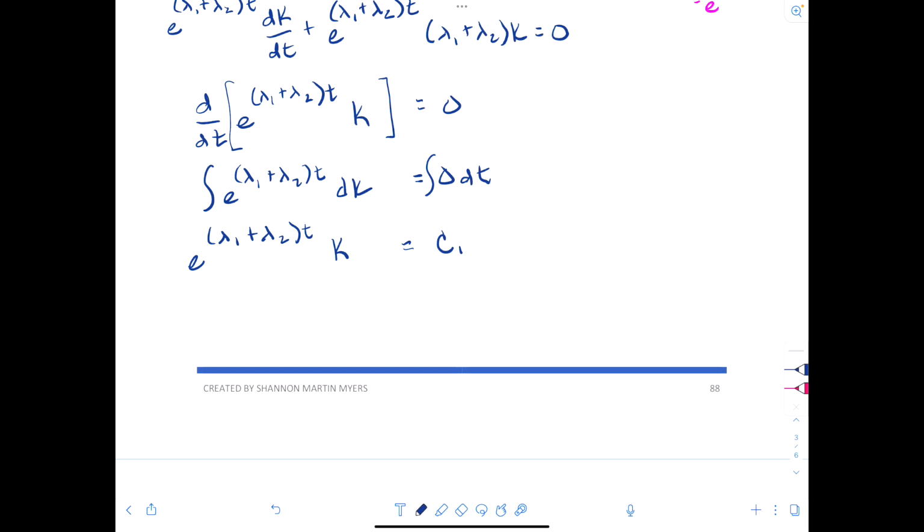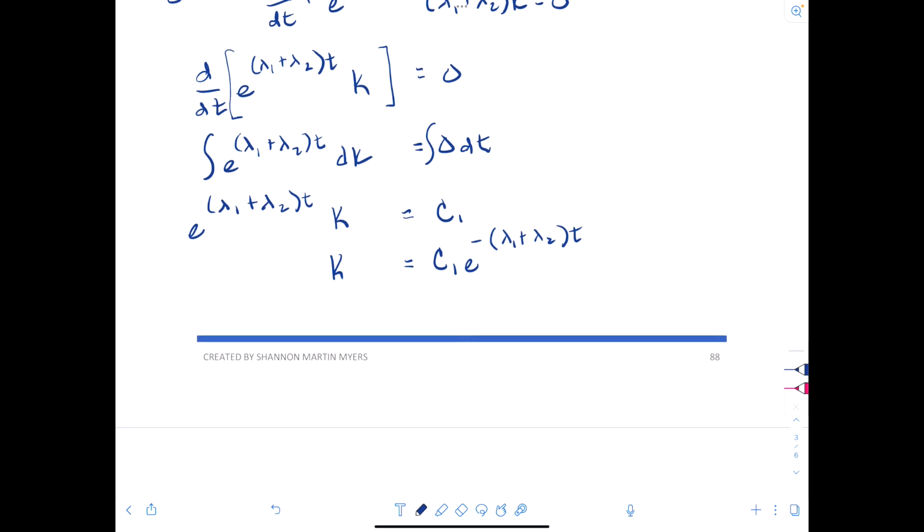Good so far? Because remember, when you integrate 0 with respect to some variable, you get the constant of integration. Now, isolating the K, we will get C1 e to the negative quantity lambda 1 plus lambda 2 times t.